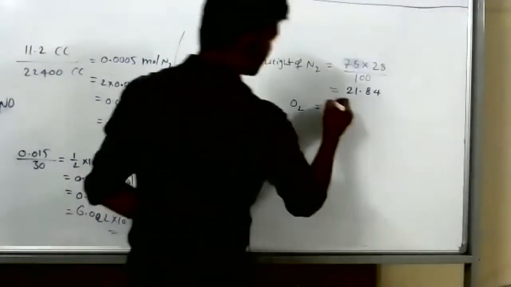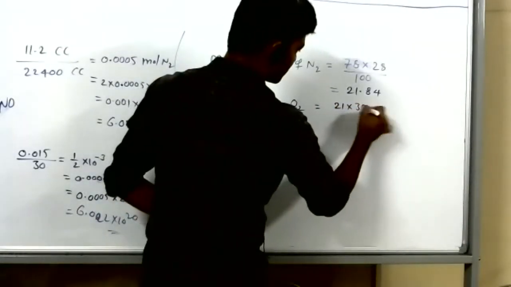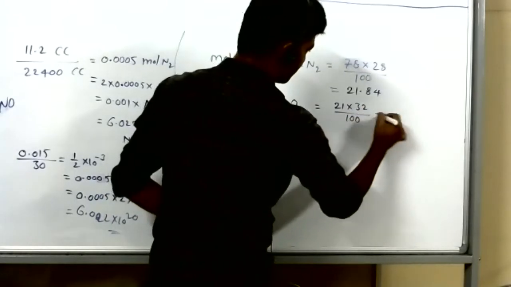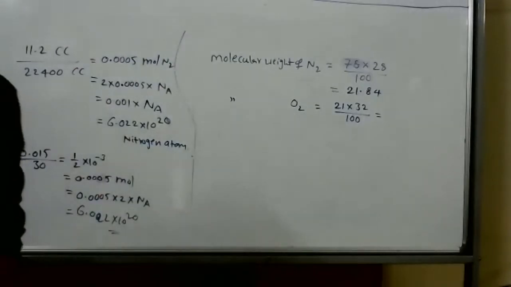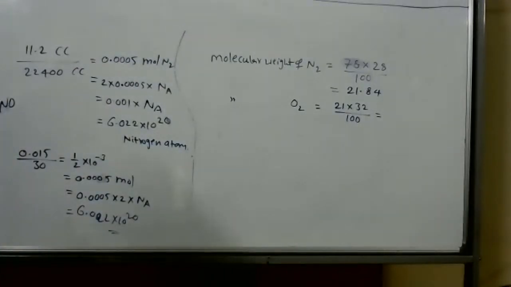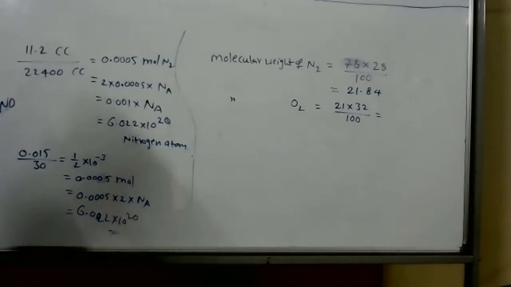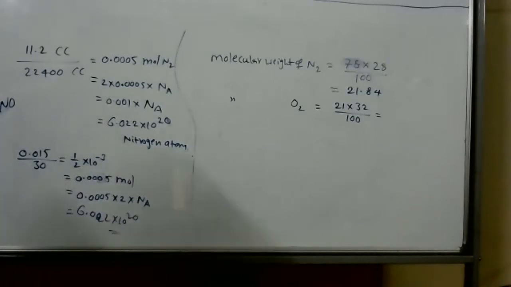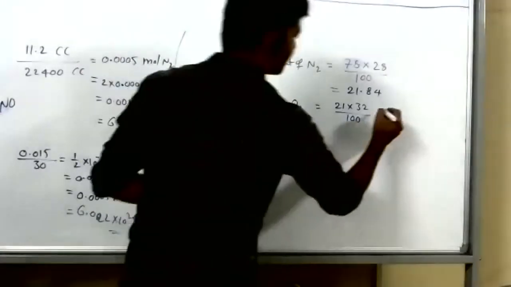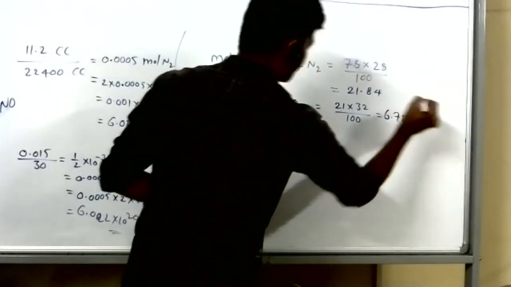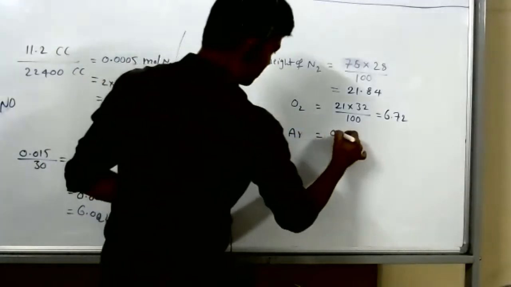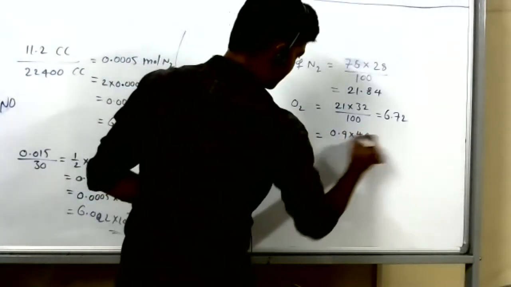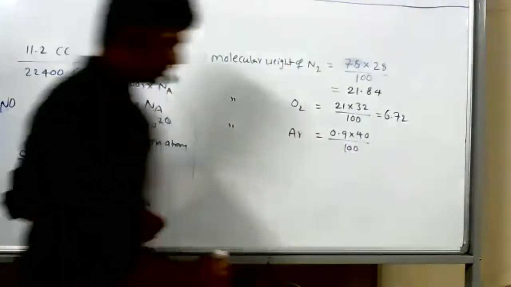Given 21%, the molar mass of oxygen is 32, divided by 100, that is 6.72. Next, argon. Given only 0.9%, mass is 40, divided by 100.